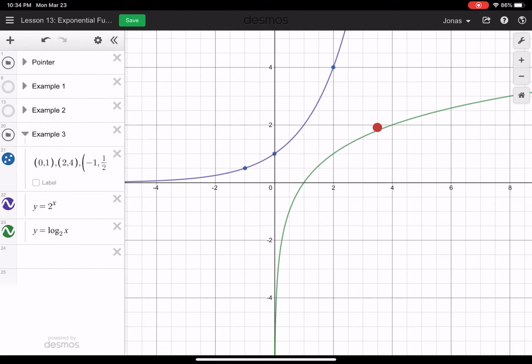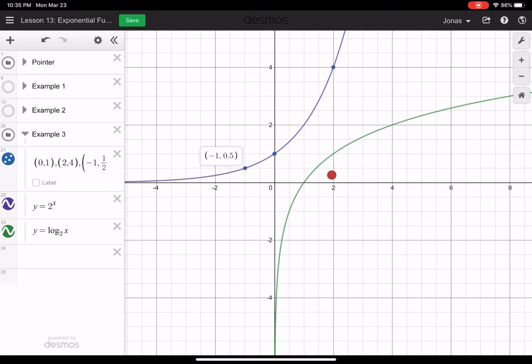And that's going to switch itself over to be the point 1 half, negative 1 down here. And for all of these points, as they get closer and closer to the x-axis, the corresponding points on the logarithm function are going to get closer and closer to the y-axis here. So this is the logarithm in base 2 of x. You can see that's the formula given on the left-hand side.